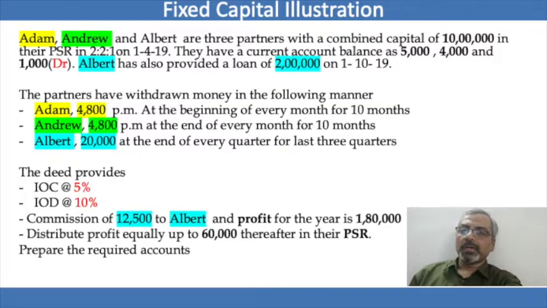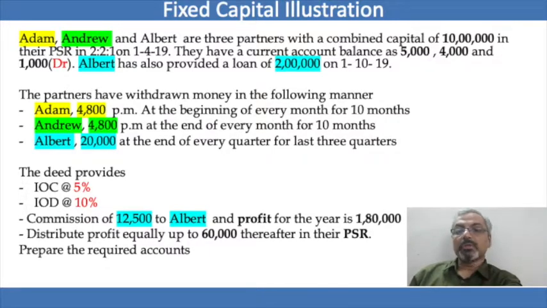There is a condition to distribute the profits equally up to 60,000 and thereafter in their PSR. What is the PSR? Please see at the top. The PSR is 2:2:1.